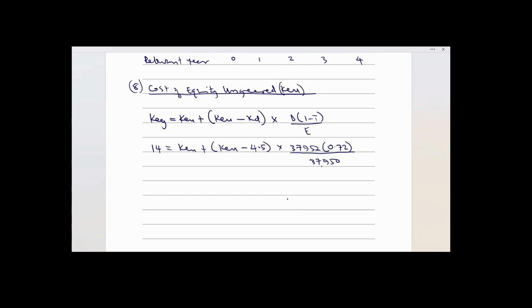So what do we have? 14 equals KEU plus KEU minus 4.5, multiplied by 37,952 multiplied by 0.72 divided by 37,950. What do you have?